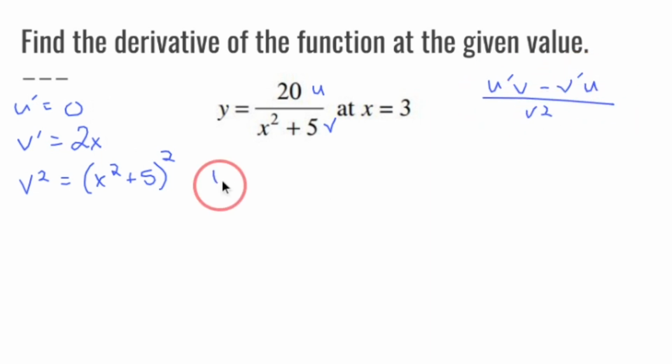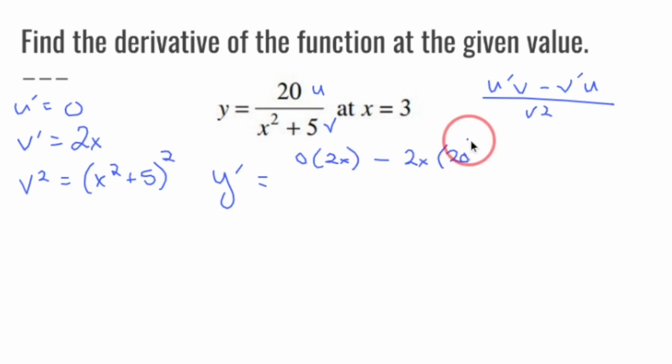So I'm going to put it all together. y prime is u prime, so nothing, times v, who cares, minus v prime, which is 2x, times u, which is 20, over v squared, which is x squared plus 5, all of that squared. Now, my job is to find out what the derivative is when x is 3.